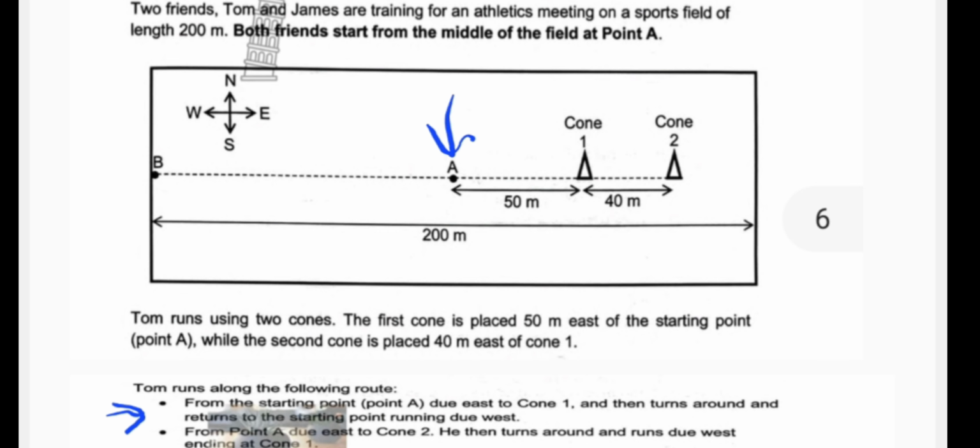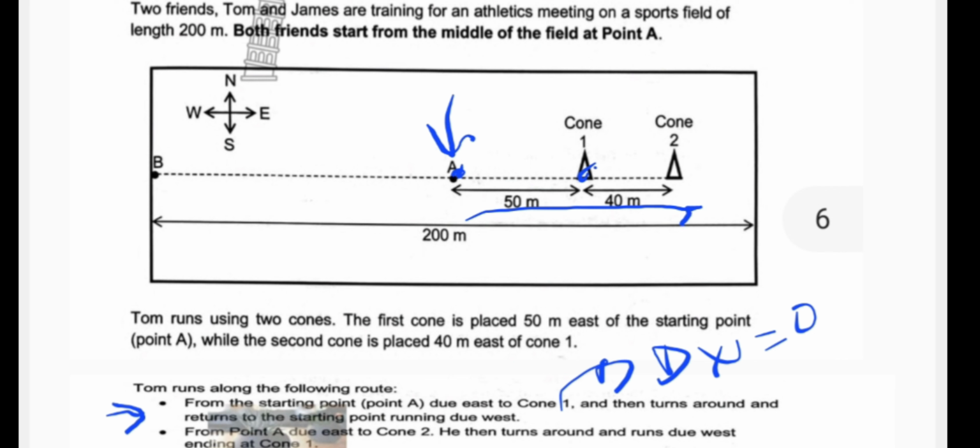From the starting point, which is point A, due east to cone 1, there he goes all the way to cone 1. And then when he reaches cone 1, he then turns around and returns to the starting point, running due west. There he is now. He is at point A. So we have agreed that at this time and moment, the position seems to be 0. But let's see what the second point is going to say. Then from point A due east to cone 2, there he goes to cone 2.